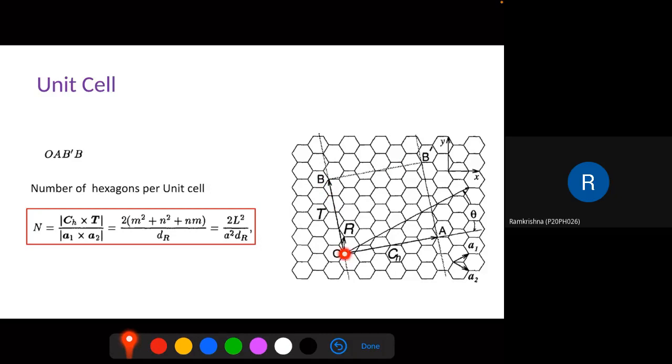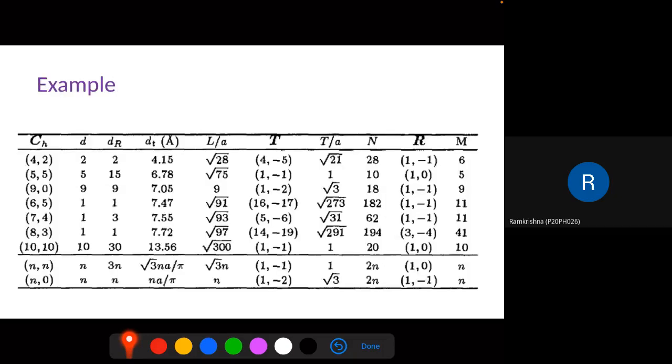You calculate this total area and divide by the area of one unit cell, and then you can again express it in terms of some numbers. So all these things you can do. This table gives these values for different chiral vectors.